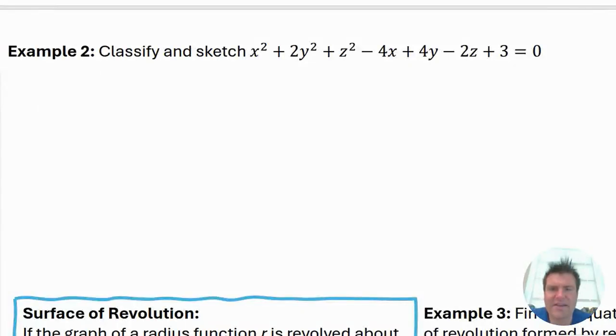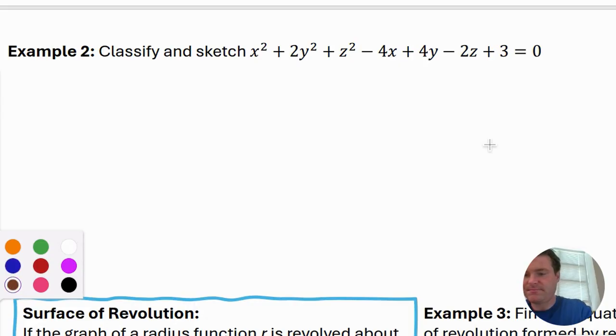Next up, we're going to classify and sketch this. This is not in the normal forms we've seen of those 6 different ones, so we need to make it into the form we're used to. I'm going to complete the square. Organize your x's, your y's, and your z's.